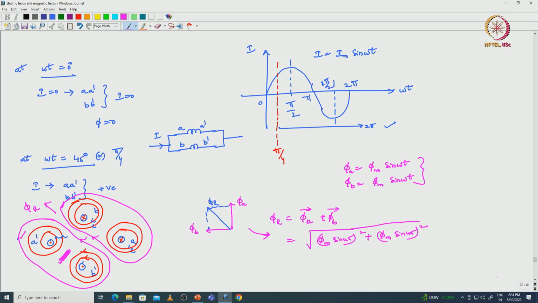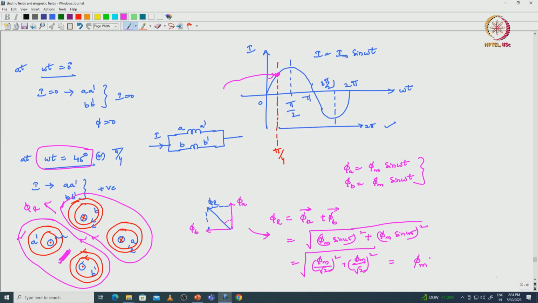I am finding the magnitude because we already know the angle where it is lying. The final answer will be phi m by root 2 squared plus phi m by root 2 squared. If we solve this equation, the answer is phi m. This is the magnitude at this particular instant, omega t equals 45 degrees, that is this location.